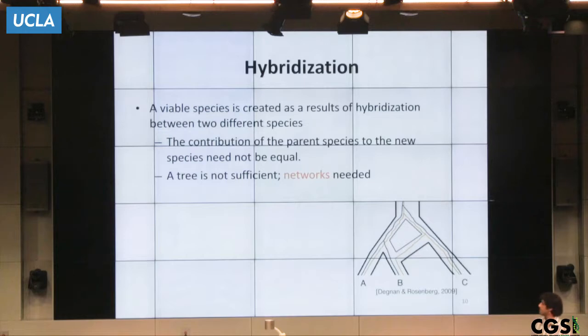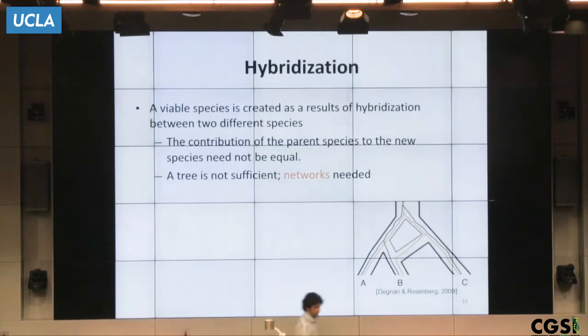And hybridization is when you have two species that are supposed to be different species, but somehow they manage to produce offspring that are viable, right? So now you have a species that has parts of its genome coming from one species, in this case, species B. Parts of its genome are coming from an ancestor of A. Parts of its genome are coming from an ancestor of C. And so B is a hybrid species.